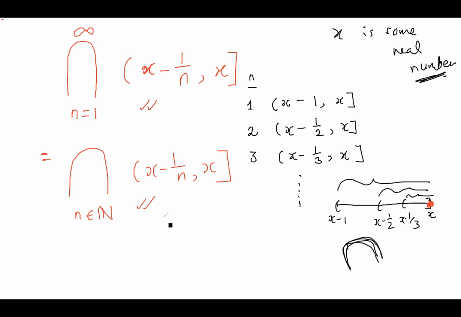That's why this intersection is equal to the singleton x. This is a generalization of question 4, where the value of x is slightly different, but the idea is the same.